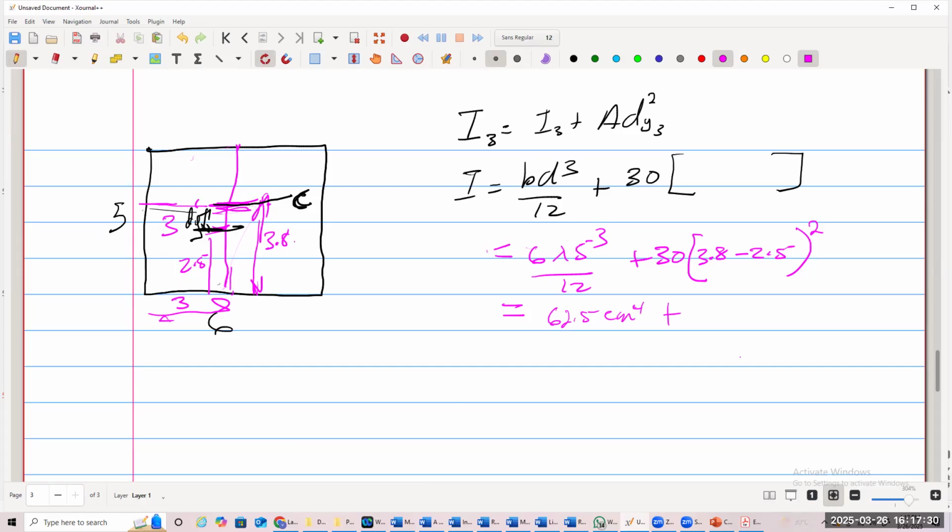I think I squared the last section. So this is 50.7. And then now you'd have this part here plus 62.5. So you get something like 113.2.